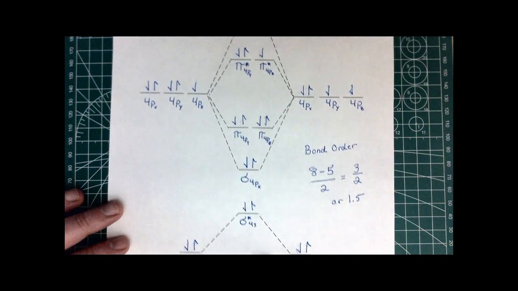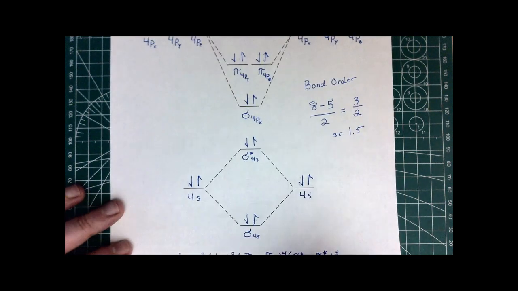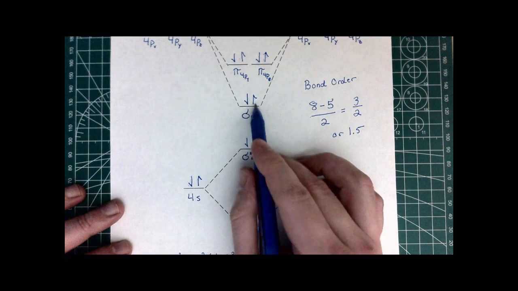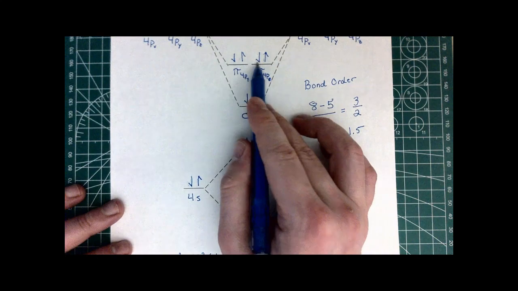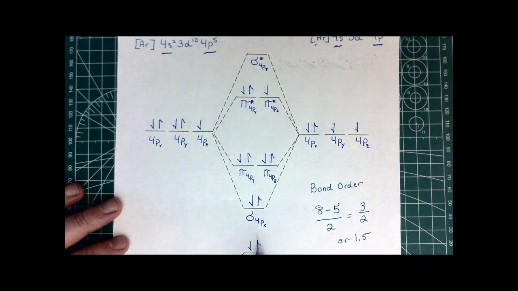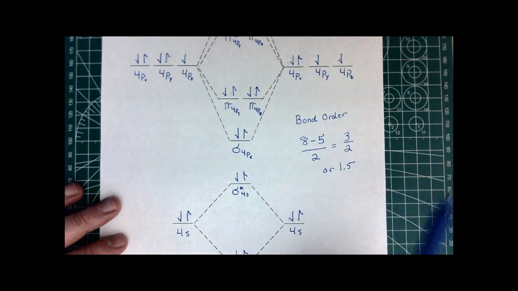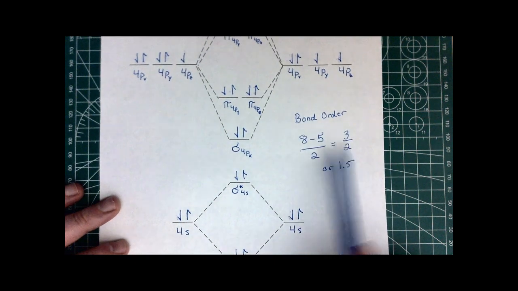Now we can calculate our bond order. We have 1, 2, 3, 4, 5, 6, 7, 8 electrons in a bonding molecular orbital, and we have 1, 2, 3, 4, 5 electrons in an antibonding orbital. 8 minus 5 is 3, divided by 2.